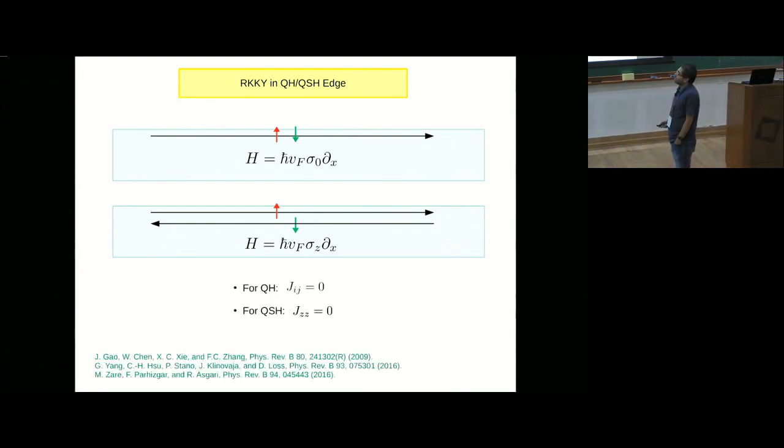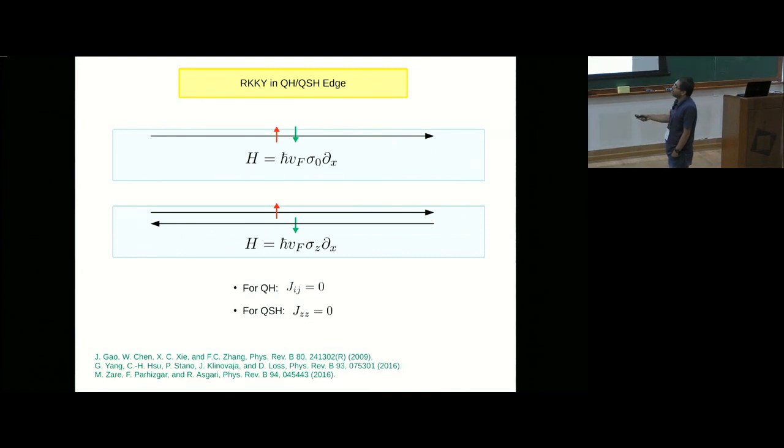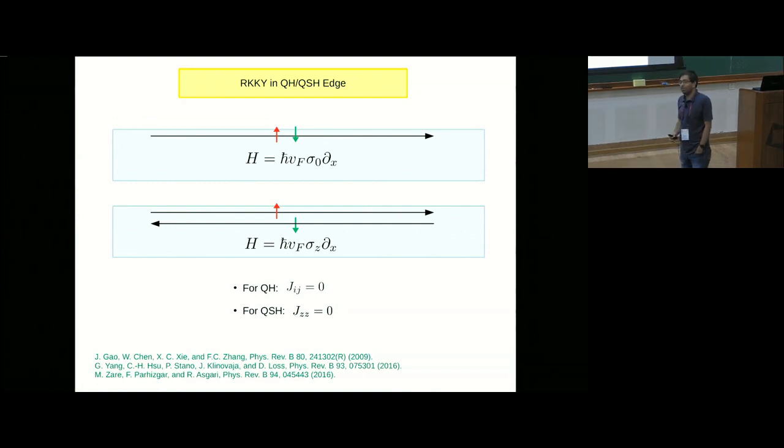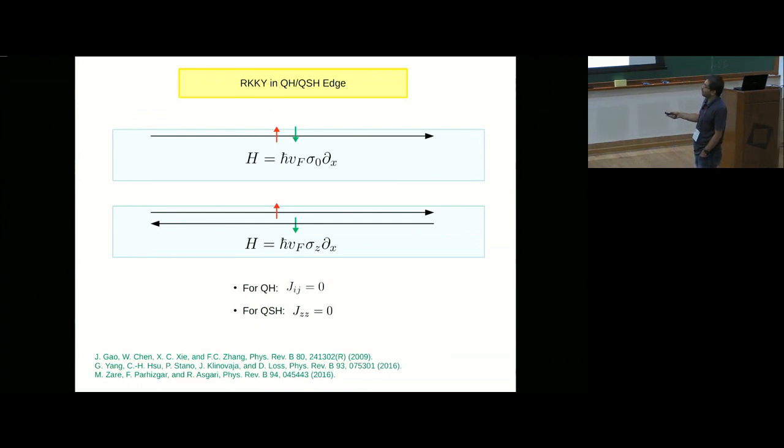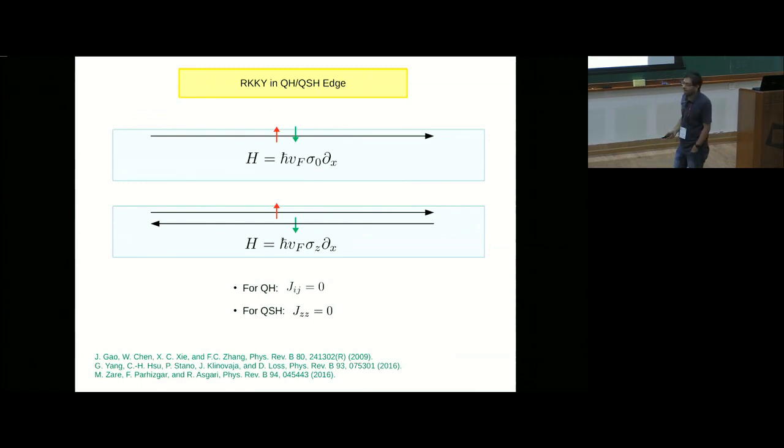Now, what turns out is that if you put two spins some distance apart, coupled to the edge in a very simplified manner, of course, the coupling itself can be very complicated, as Moshe was talking about, but in a very simplified manner, if you put two spins on the edge, the coupling vanishes, at least in second order, for the case of quantum Hall.